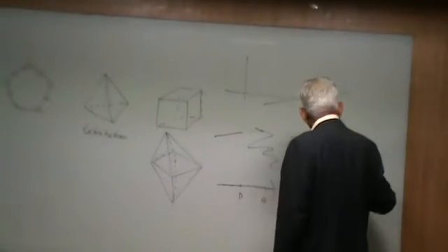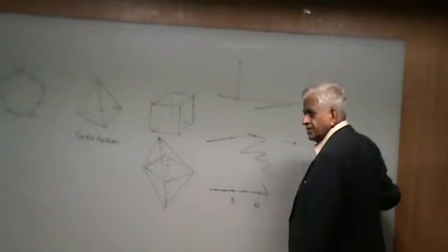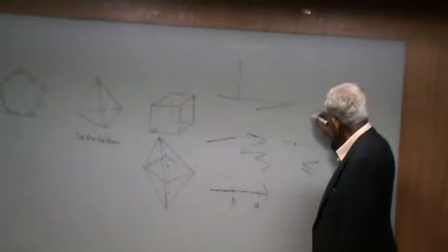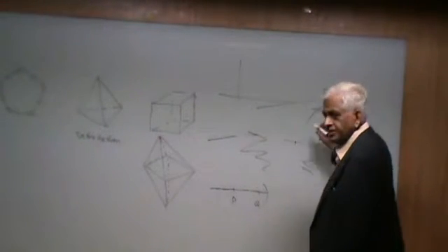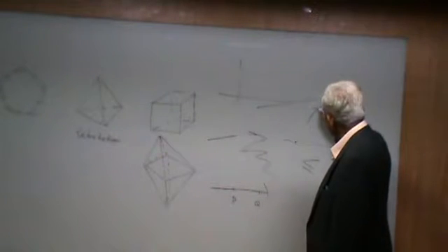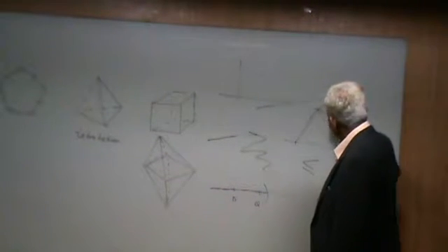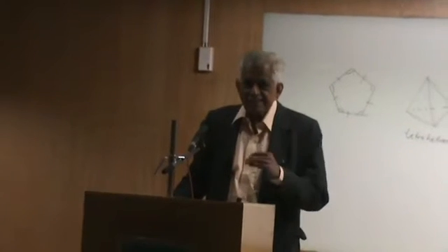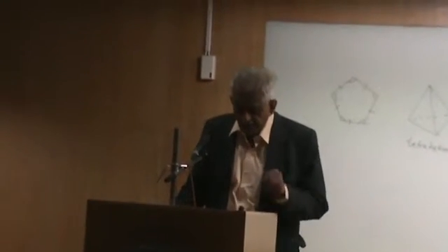Then you put one end of the compass on the other side, and you draw this circle. Now if you take this point, then this is the equilateral triangle for him. So he constructs this equilateral triangle by ruler and compass.